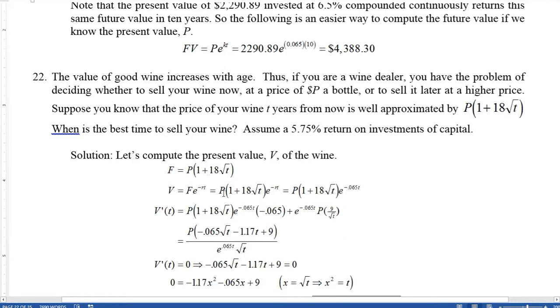And the future value then is P times 1 plus 18 square root of t times e to the rt, and that's going to be the value if we sell at time t. So plug in the r, and we have this formula right here.